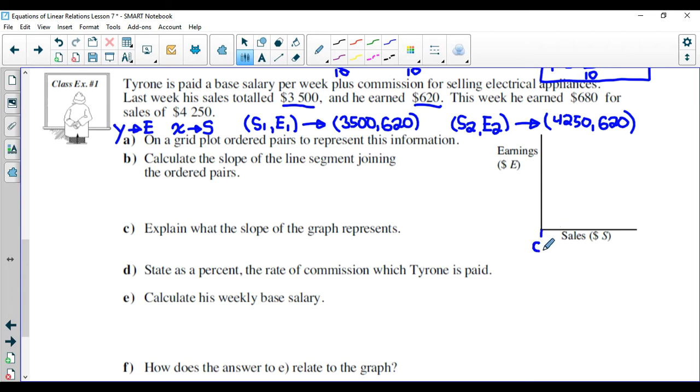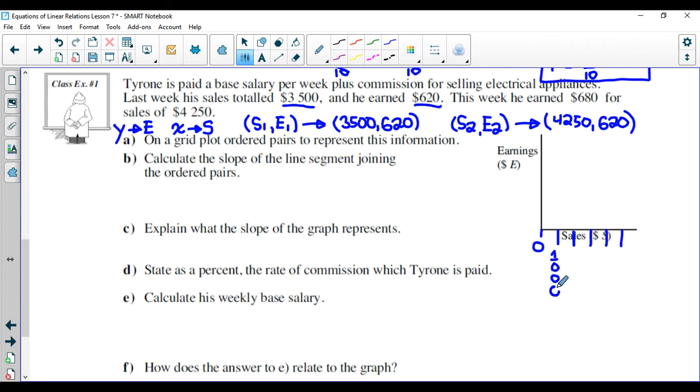So we'll say this is 0. This is 1,000. We'll say that's 2,000, that's 3,000, that's 4,000, and then that's 5,000. Unfortunately, I'm not going to be able to write the numbers in here, so this is going to look really weird.